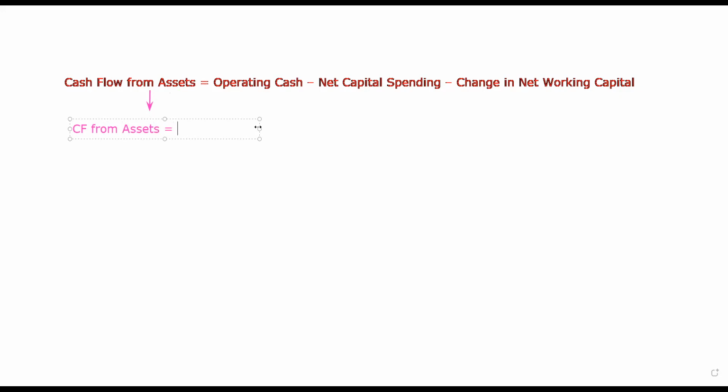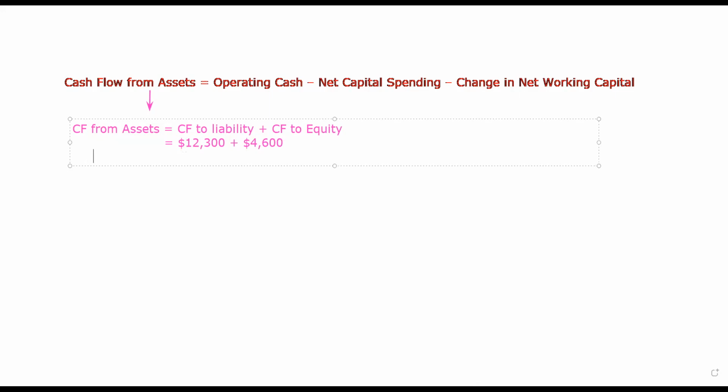There's this formula that we learned: cash flow from assets equals cash flow to liability plus cash flow to equity. Remember, we just calculated questions B and C, so we have the values of cash flow to liability and equity. What's the value of cash flow to liability? 12,300 and 4,006.